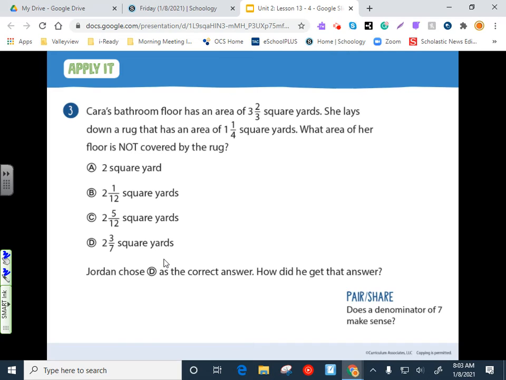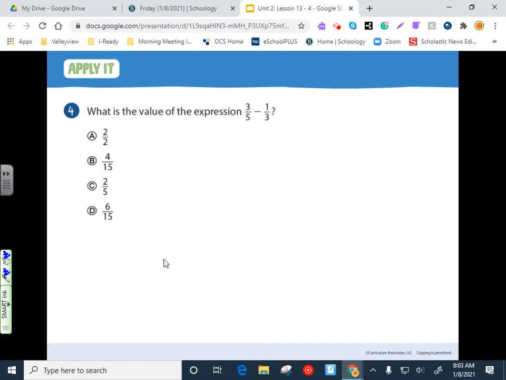All right, so that was 3. Let's do 4. What's the value of the expression 3/5 minus 1/3? No mixed numbers involved here, so this is pretty straightforward. So I won't take too long with this one. Can't change a 3 into a 5. So our denominator will be a 15. 5 times 3 is 15.